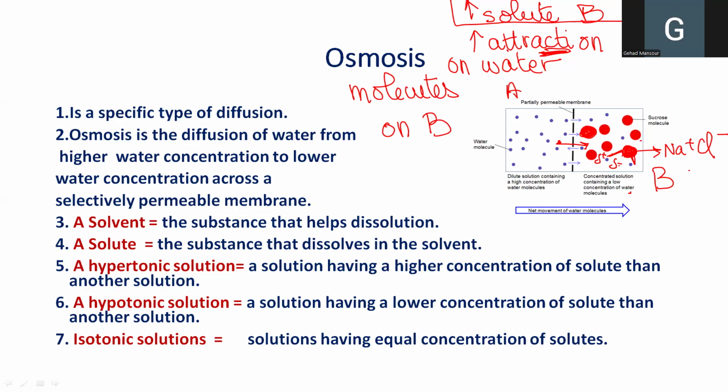How does this affect the osmotic potential, or the ability, of this particular solution B? Of course, the water in solution B will be more crippled and will not be allowed to move. That's why it is less than in pure water. If we consider that pure water potential is zero, then the osmotic potential of a solution that has a higher solute concentration will be considered negative.